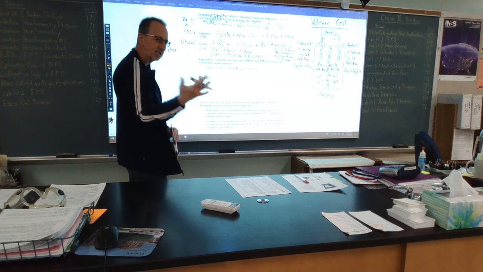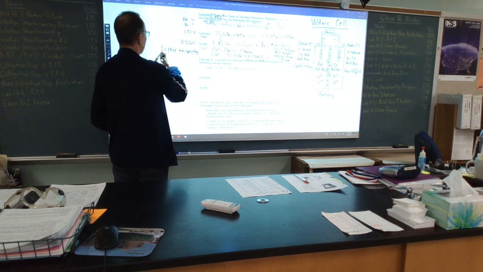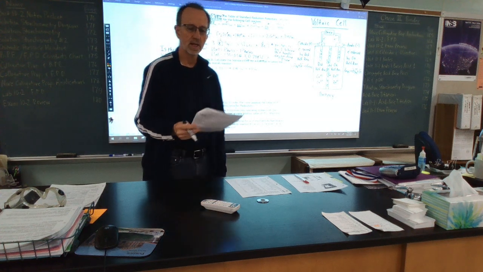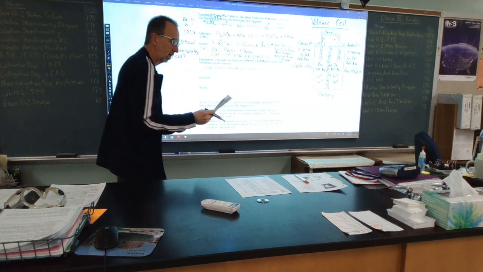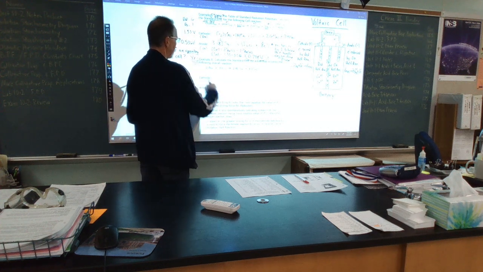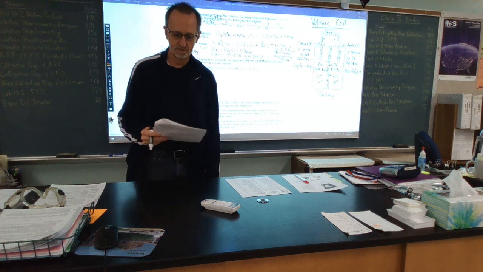So, question, in other words, using these two half reactions, is this an operating voltaic cell? In other words, will it spontaneously produce electrical energy? And the answer to that is yes, it is, because that value of E cell is positive.